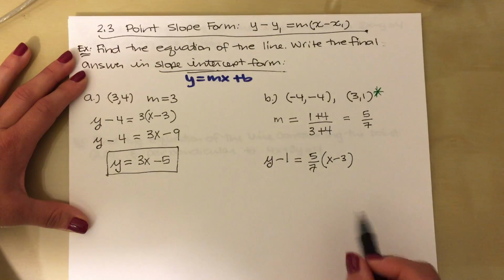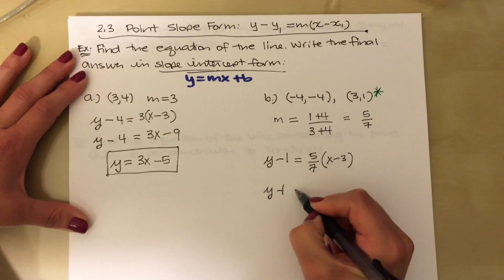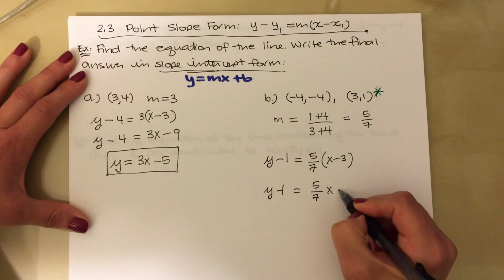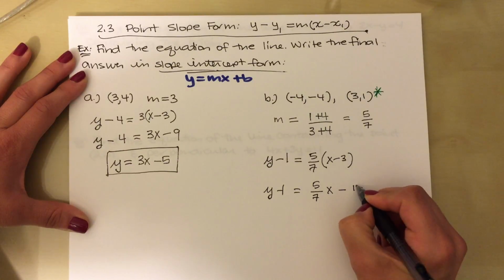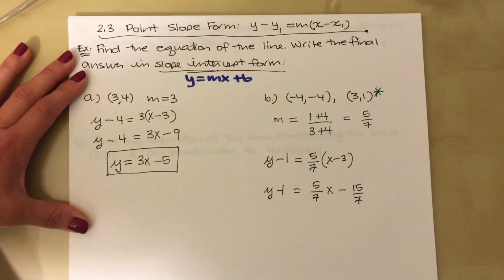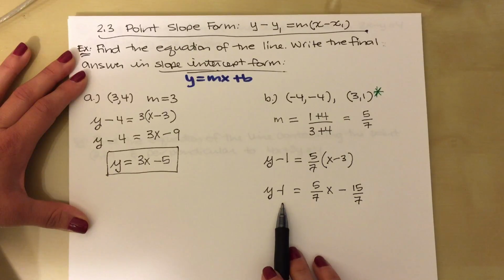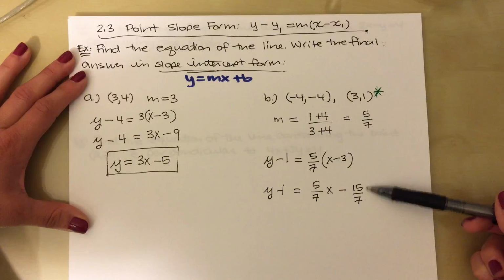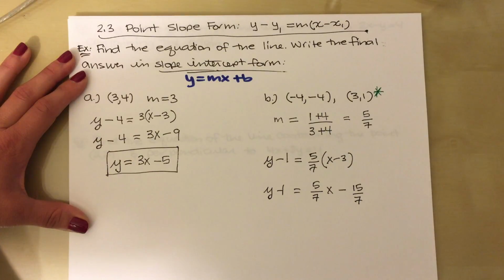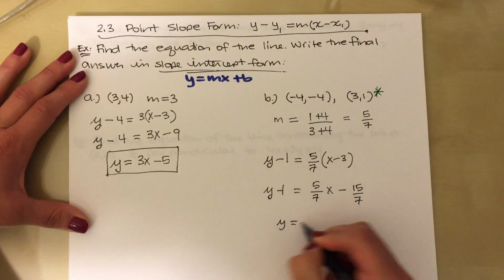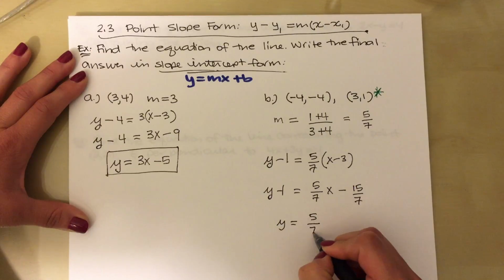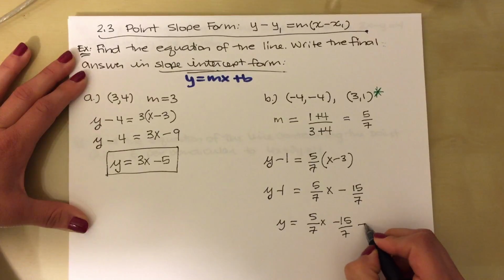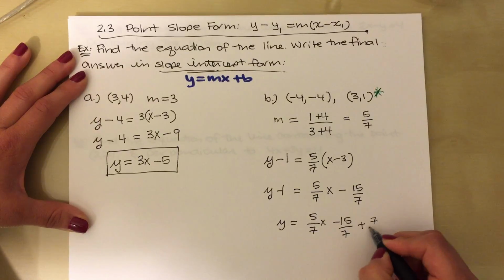So first distribute. Add 1, and since I need to add 1 to negative 15/7, what I'm going to do is rewrite 1 as 7/7.